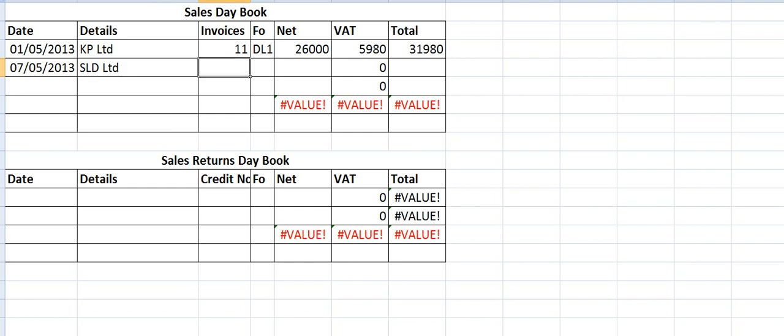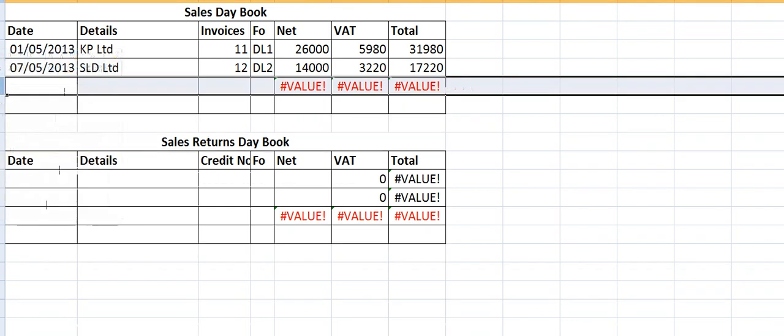SLD Limited, we issued them with invoice number 12, and they're going to be debtors ledger account number 2. And the total there was 14,000 with the VAT, giving a total here of 17,220. Okay, excellent.